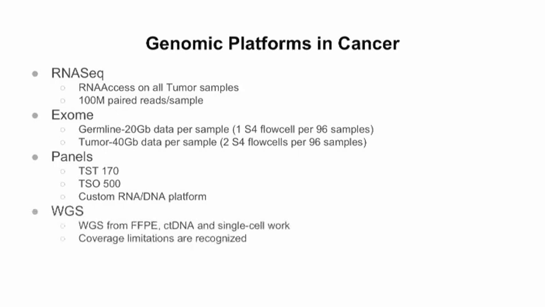And then on the whole genome sequencing side, we've done a variety of whole genome sequencing from FFPE. I'll mention some of that in a moment. Circulating tumor DNA, some single cell work. Obviously, the coverage limitations and some of the challenge with these samples are well recognized. And again, I'm not going to go too much into this data. And then finally, long read sequencing.